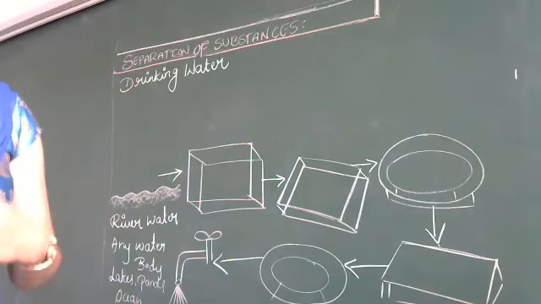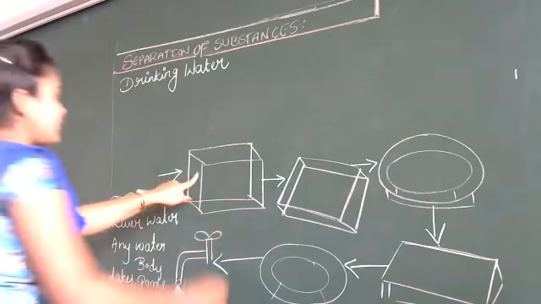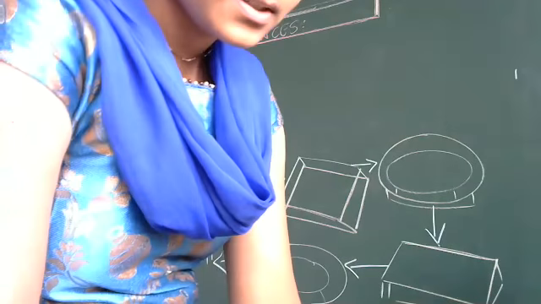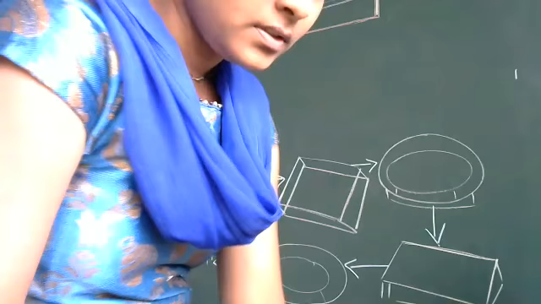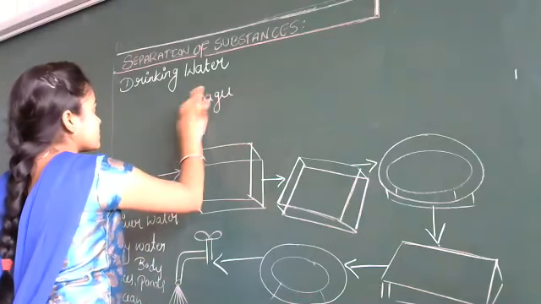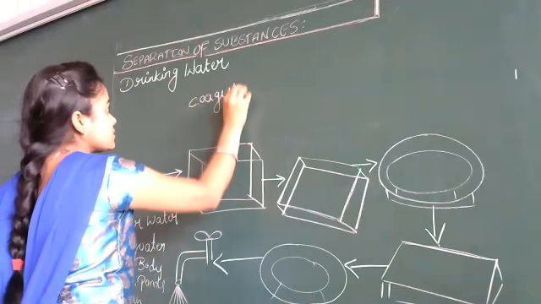Here in the first step, the process of coagulation is done. Which process is done here? Coagulation. What is this coagulation?